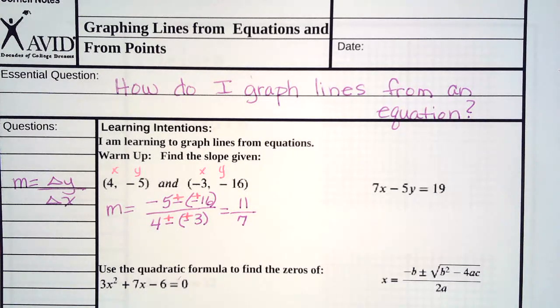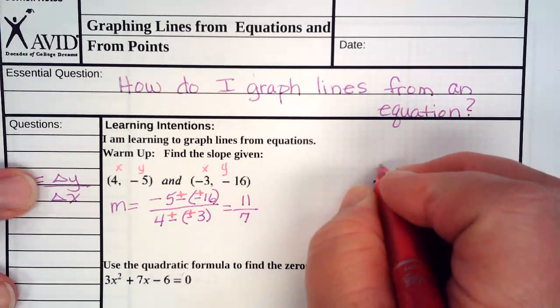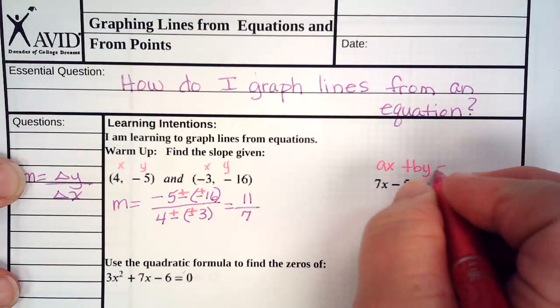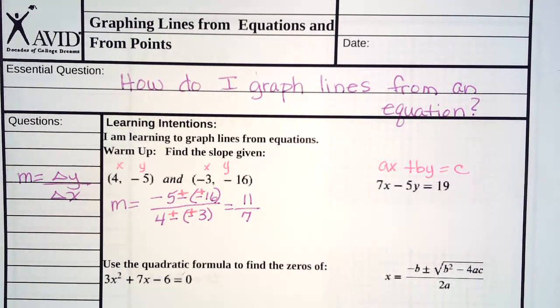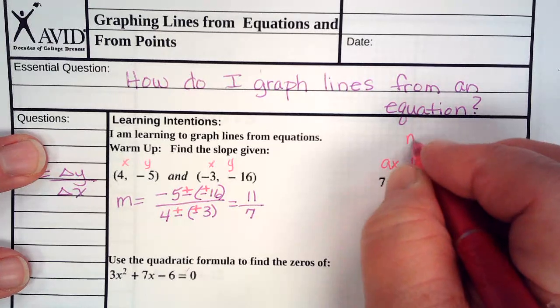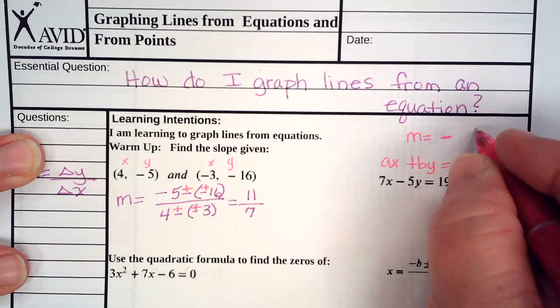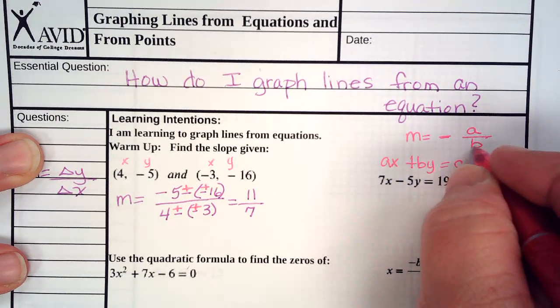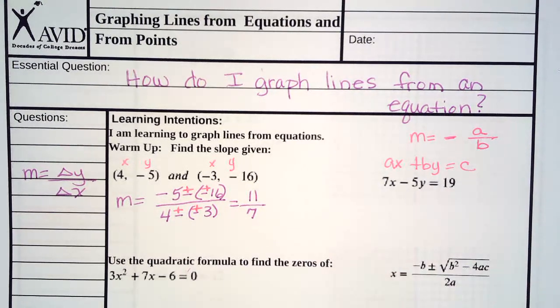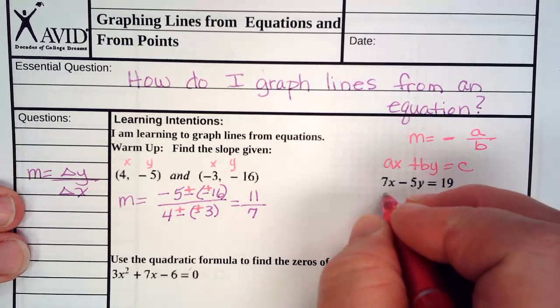Okay, the second one is in standard form, that ax plus by is equal to c form. The formula for finding your slope is the opposite of a divided by b. So what's a, what's b?